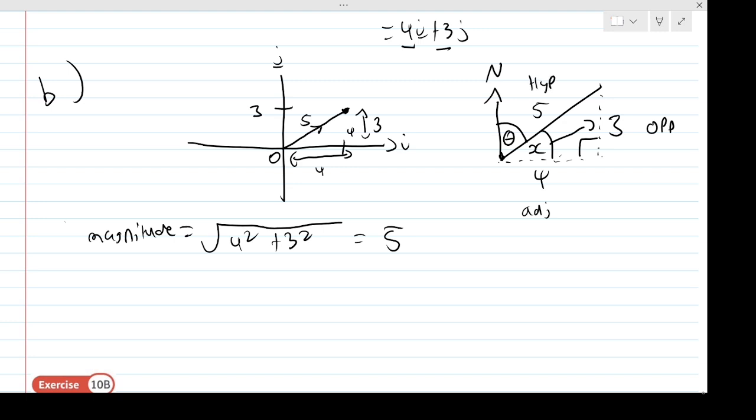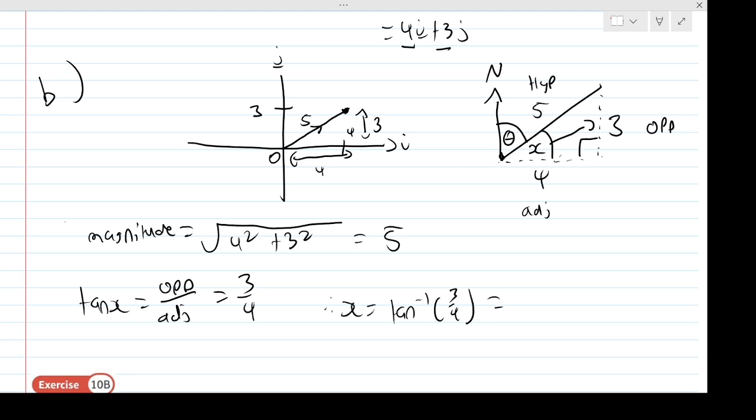Okay, so tan x is the opposite over adjacent, which is 3 over 4. So therefore, x is going to be the inverse tan of that. And so that will get me 36.869 blah blah blah degrees.